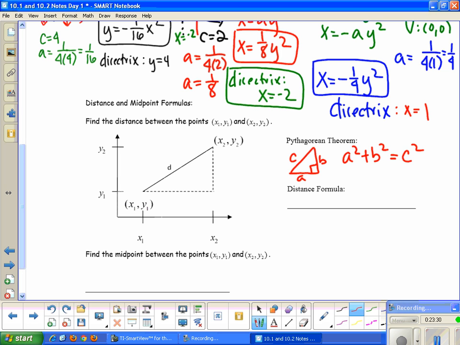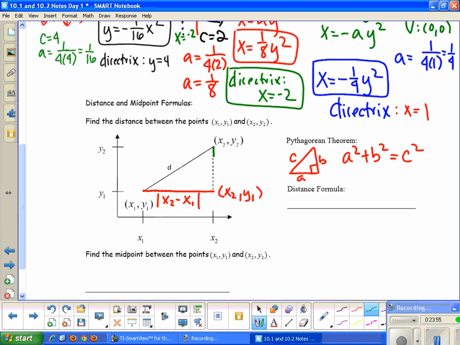Let's say that we're not given very nice values, and we just have these points that we have to use. Well, I know that the distance from here to here is going to be the absolute value of x2 minus x1, using the point x2 comma y1, which I didn't write down.